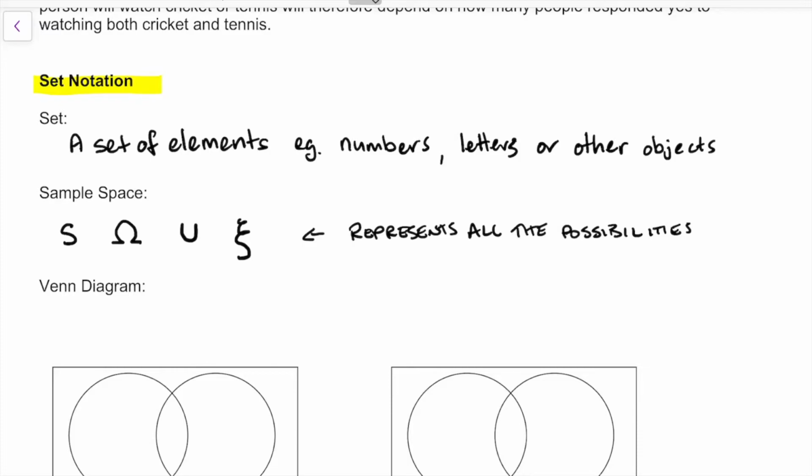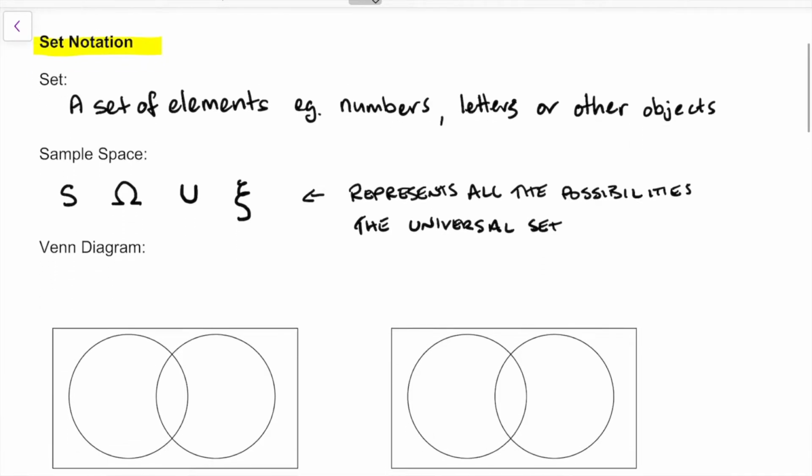It has also been referred to as the universal set, because it has everything in it that we're looking at. So a regular set is just a group within it. The big set is our big sample space, or the universal set.